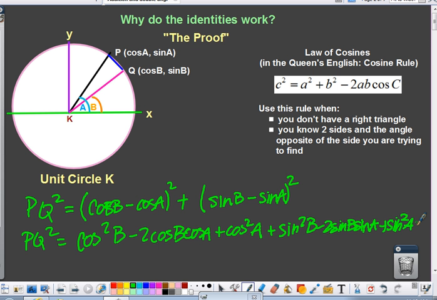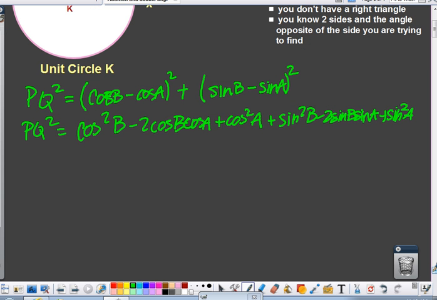I did a whole lot of terms that look pretty complex, but this actually simplifies down pretty simply, so let's look at that. Okay, so basically we know that the sine squared of theta plus the cosine squared of theta equals 1. So here we have cosine squared of b plus sine squared of b. Well, that equals 1. So those two together make 1.